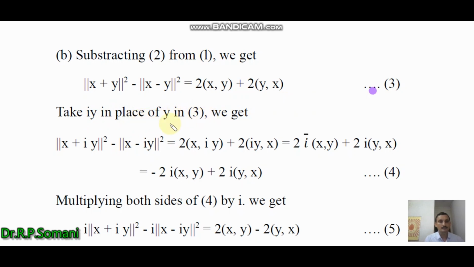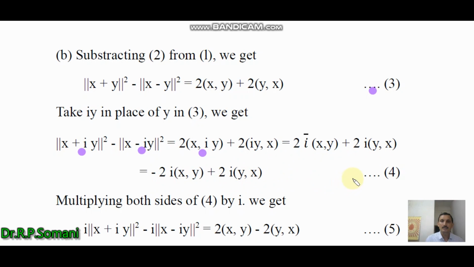We obtain norm of x plus iota y squared minus norm of x minus iota y squared equals 2 (x, iota y) plus 2 (iota y, x), which equals 2 iota bar (x, y) plus 2 iota (y, x), and this becomes minus 2 iota (x, y) plus 2 iota (y, x).